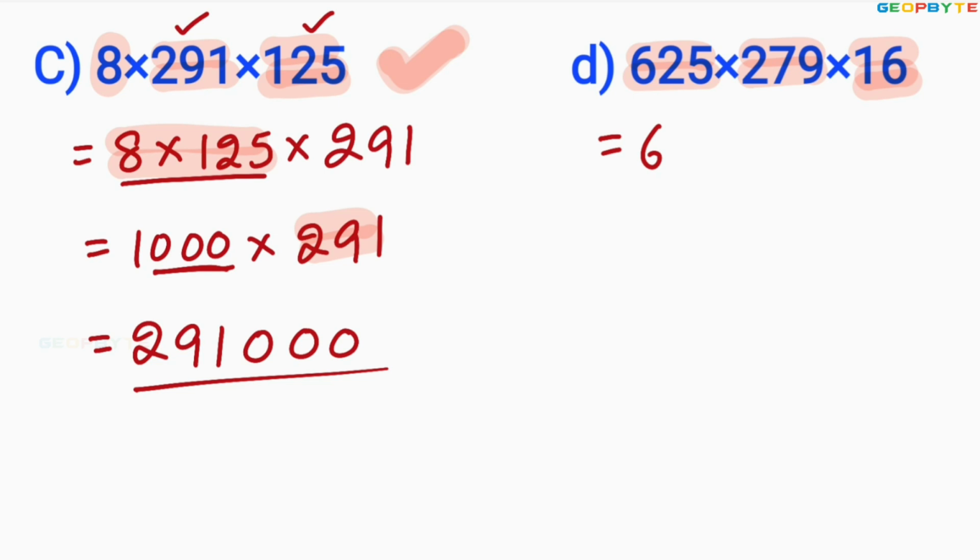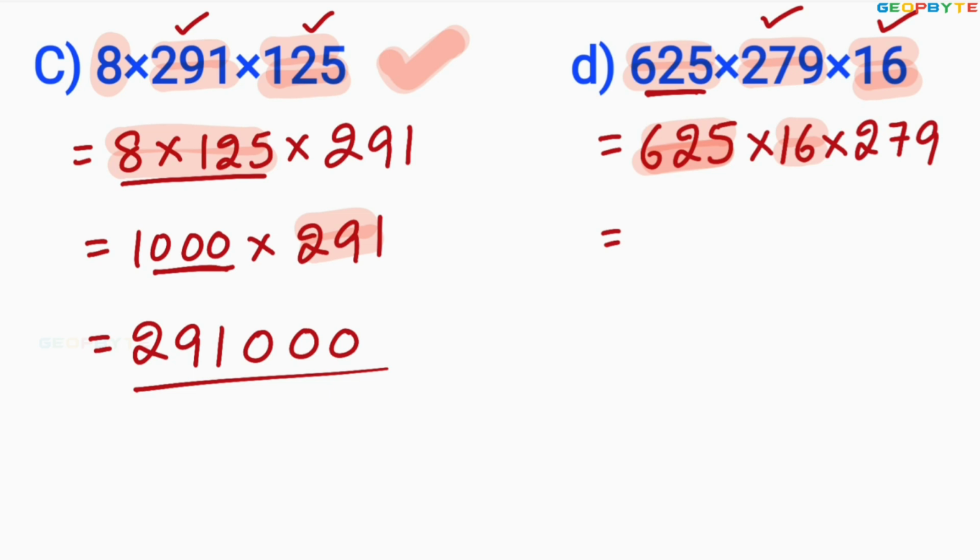I am rearranging like this. 625 as it is multiplied by, I am writing 16 first because the 16 multiplied by 625 is 10,000. I am getting the rounded number. That's why I wrote 16 first, then multiplied by this number 279.